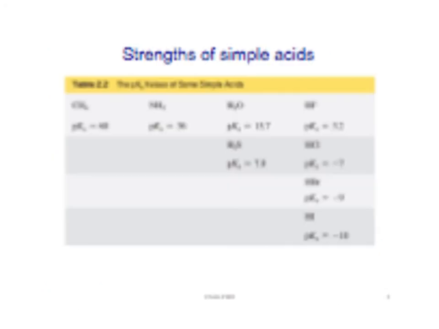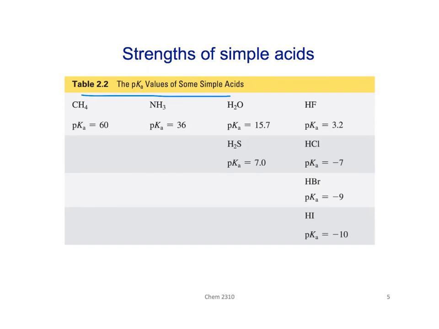Okay, so the trends that we've been talking about are shown on this slide. Notice going from left to right across the periodic table. Remember, these are atoms that have roughly the same size. We see a lowering of pKa or an increase in acidity. Remember that the reason for this is that the conjugate bases become more stable because they have an atom that holds a minus charge that's more electronegative.